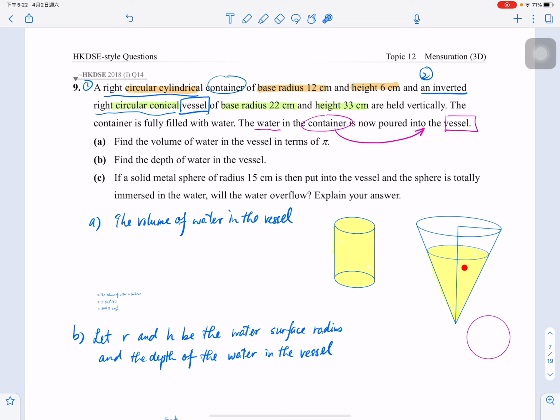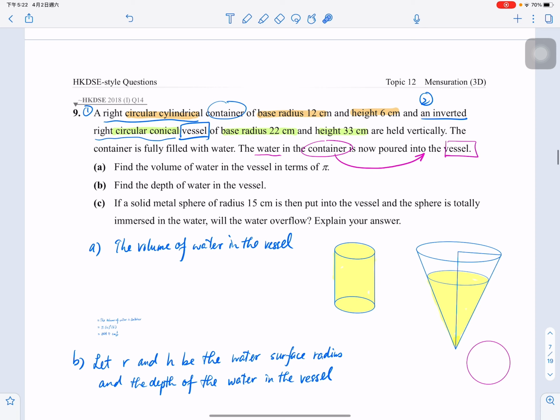Then do you know the volume of the water in the vessel? You know that these two are the same, the volume of water. So you want to find this volume, right? So do you remember the volume of cylinder? Pi r square h, correct.